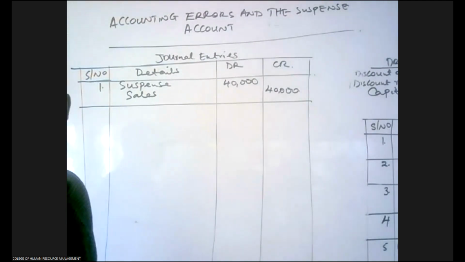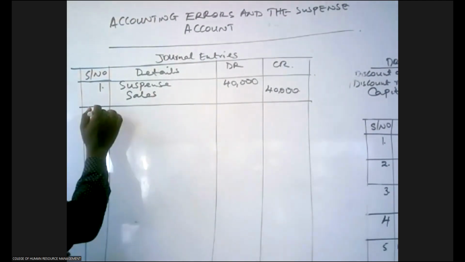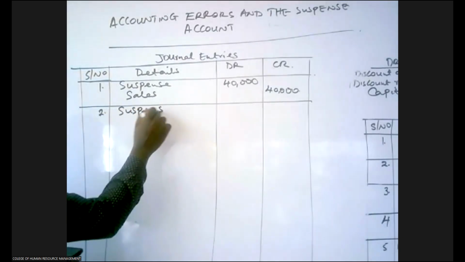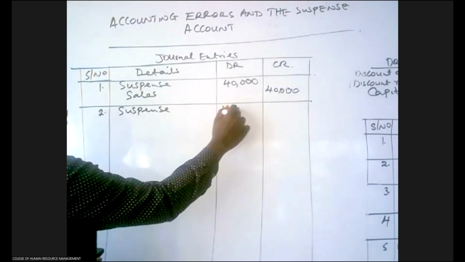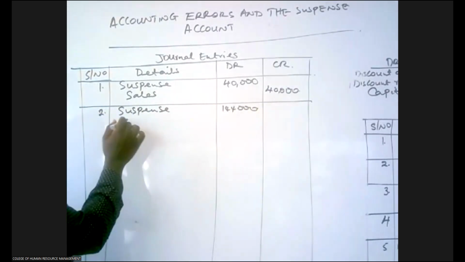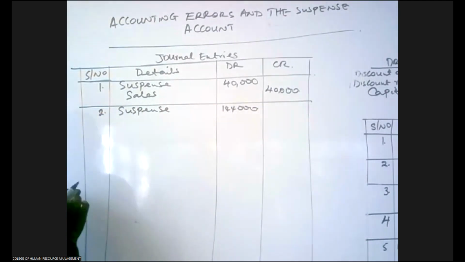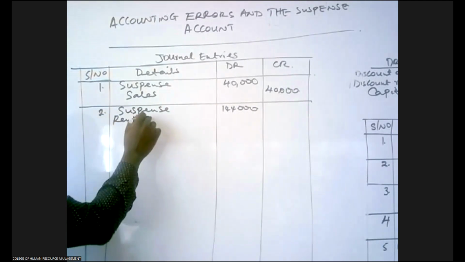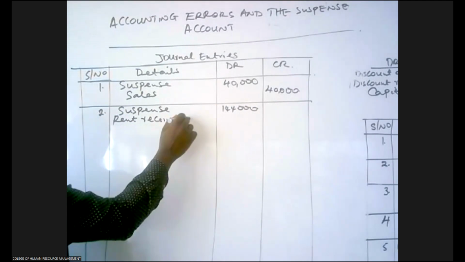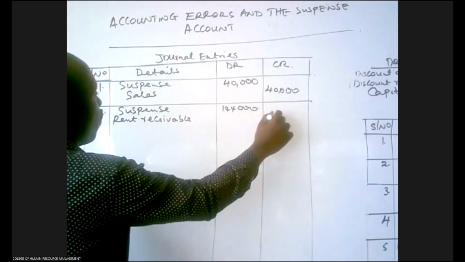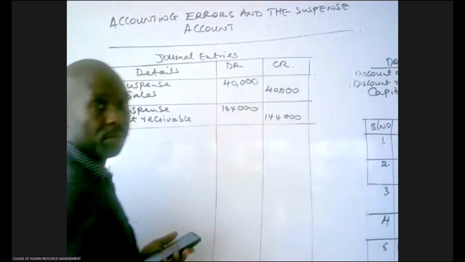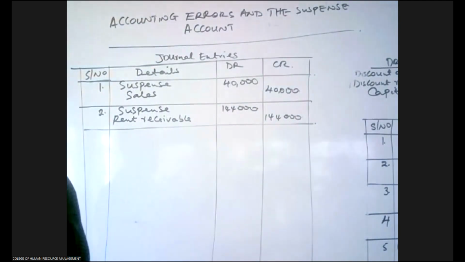The account to be debited in that case is the suspense by 144,000. Then we credit the rent receivable by 144,000. So you need to note those things.